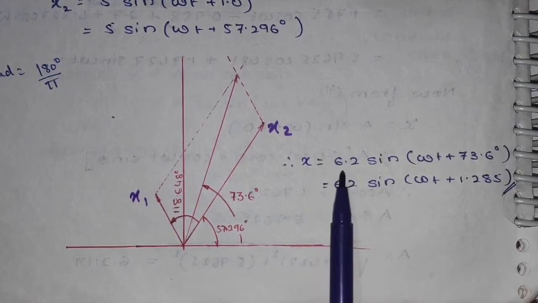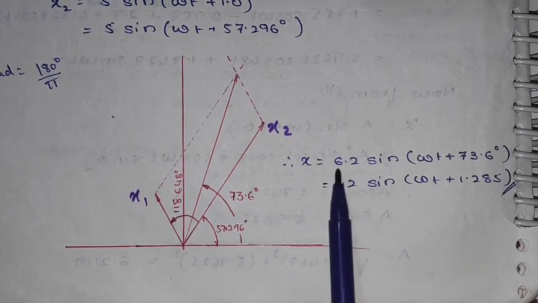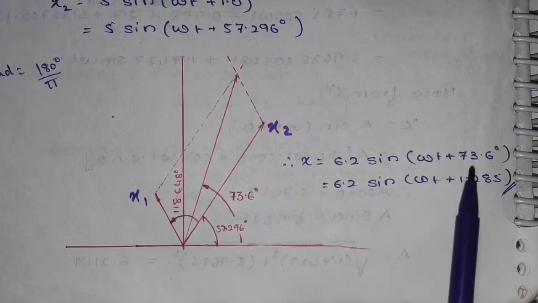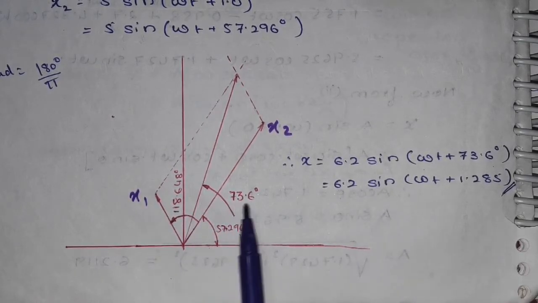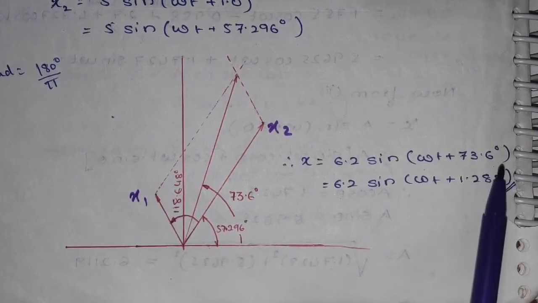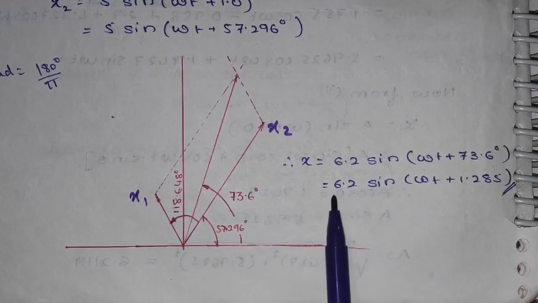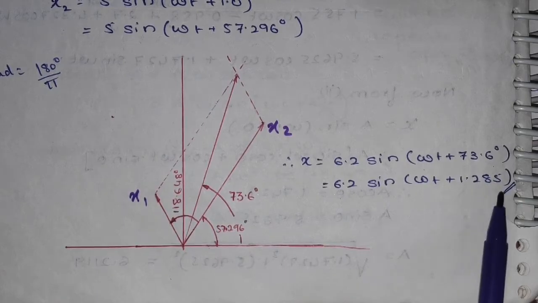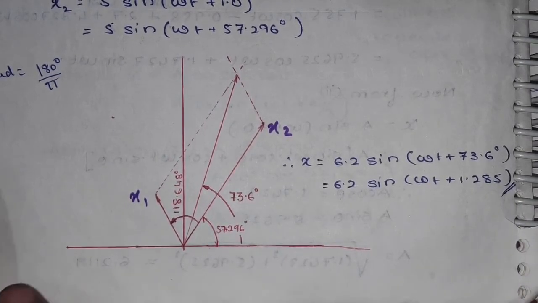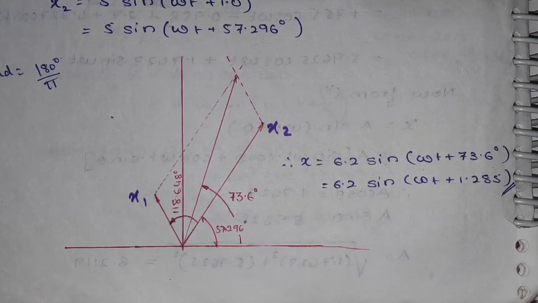So this is A sine of omega t plus theta, where A is 6.2 and theta on measurement we get as 73.6 degrees graphically. To convert, 1 radian is equal to 180 degrees divided by pi, which converts degrees to radians and radians to degrees.